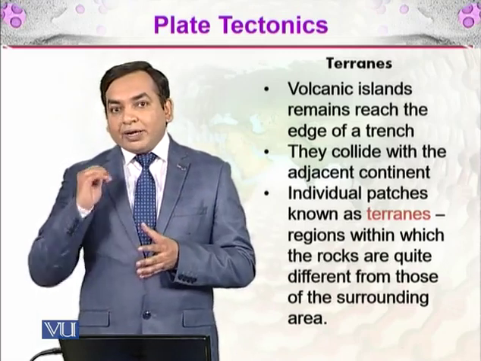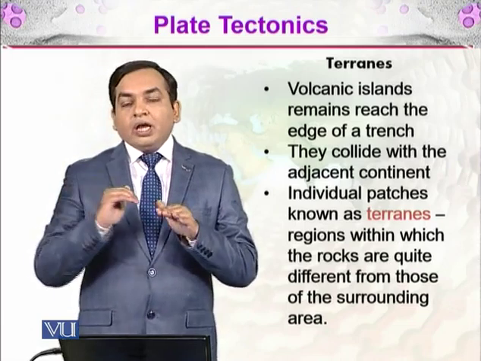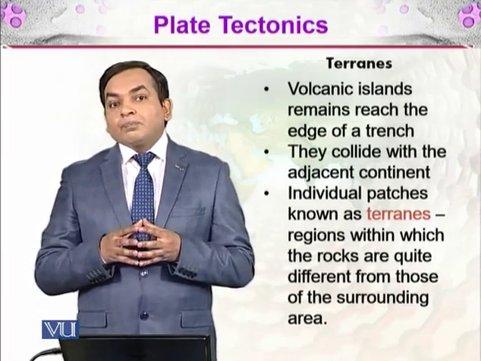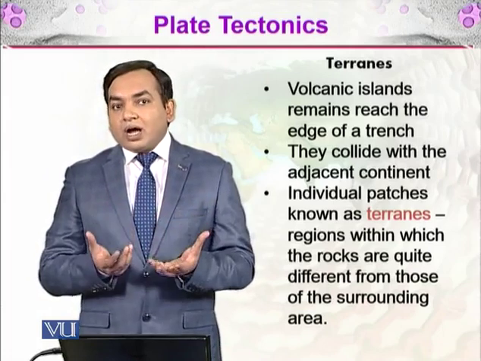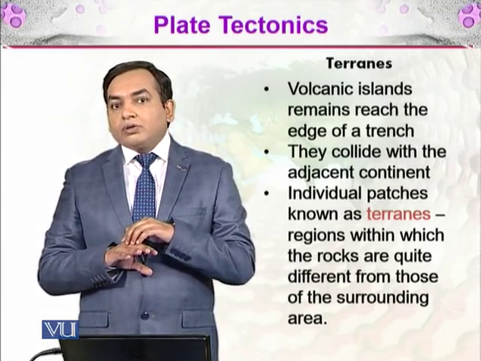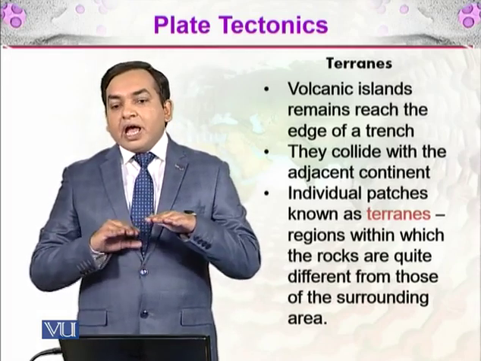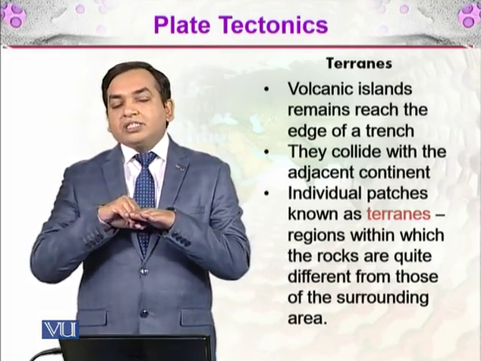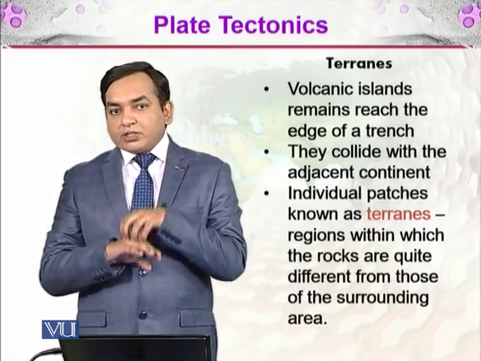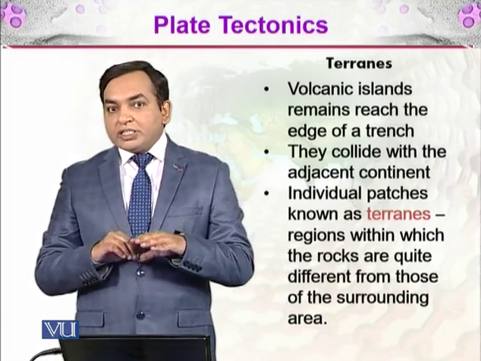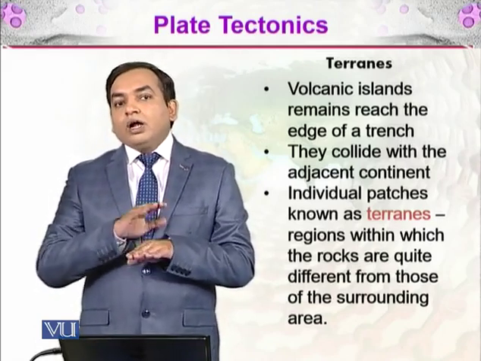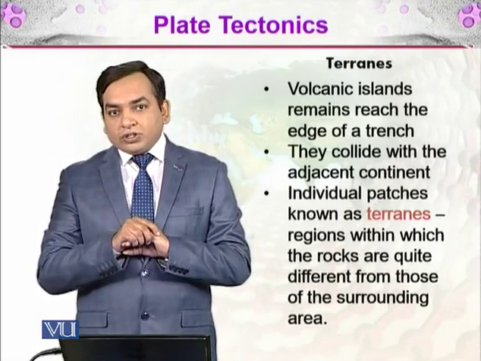These islands, which are traveling through space and time, will act as a Noah's Ark. They are containing some species. These species are evolving through millions of years, and after millions of years, the island collides with the continent. So it takes up all those species which are present on the island, which were originally separated by the ocean, and now these species are transferred to the mainland continent as well.